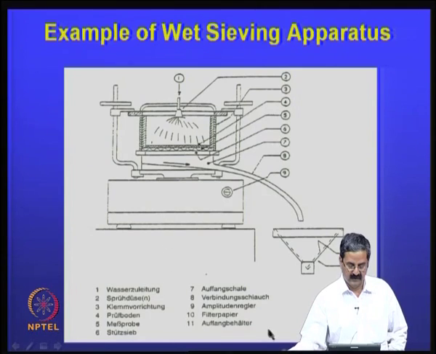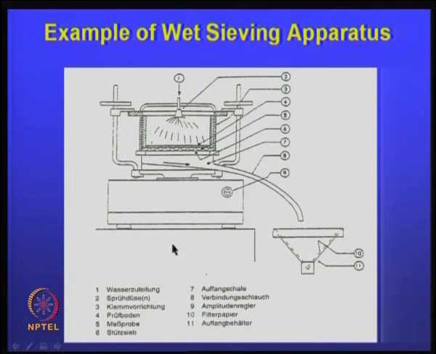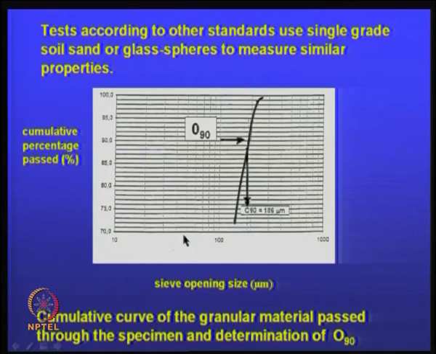Of course, this is all in German, because this is material that we get from them. Looking at cumulative passing, say 70 to 100, you can see that the O90 size is this size. This is a very important one that we will be using later.